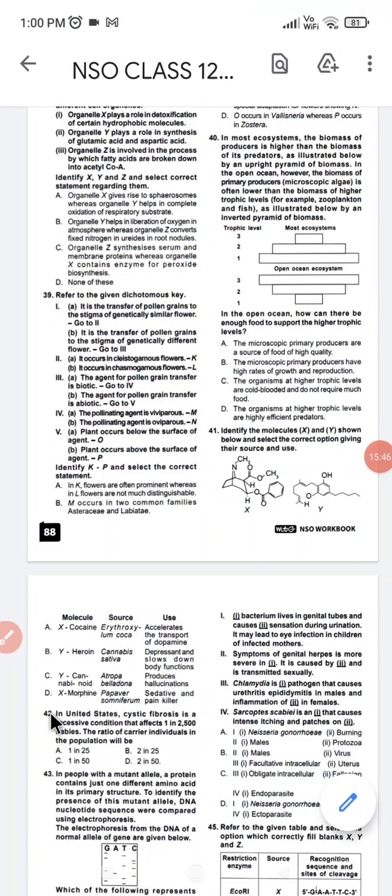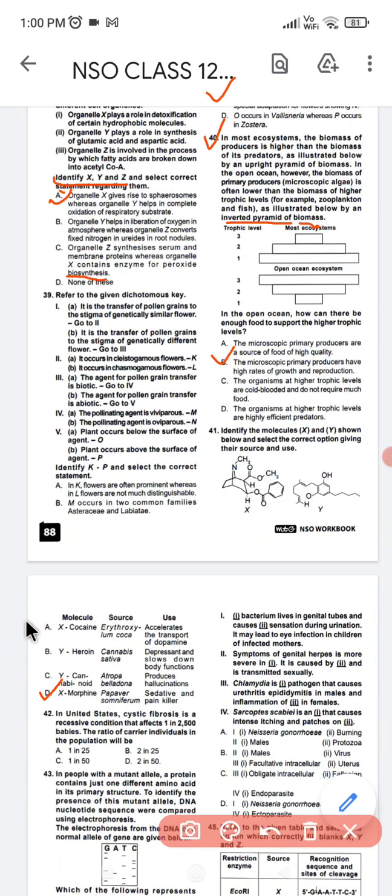After that we have question 42. In question 42, in the United States, cystic fibrosis is a recessive condition that affects 1 in 2,500 babies.